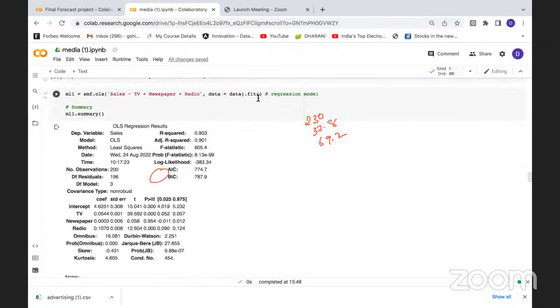This is our output. It is nothing but 4.6 plus 230 into this value 0.05 plus 37.8 into newspaper 0, plus radio.